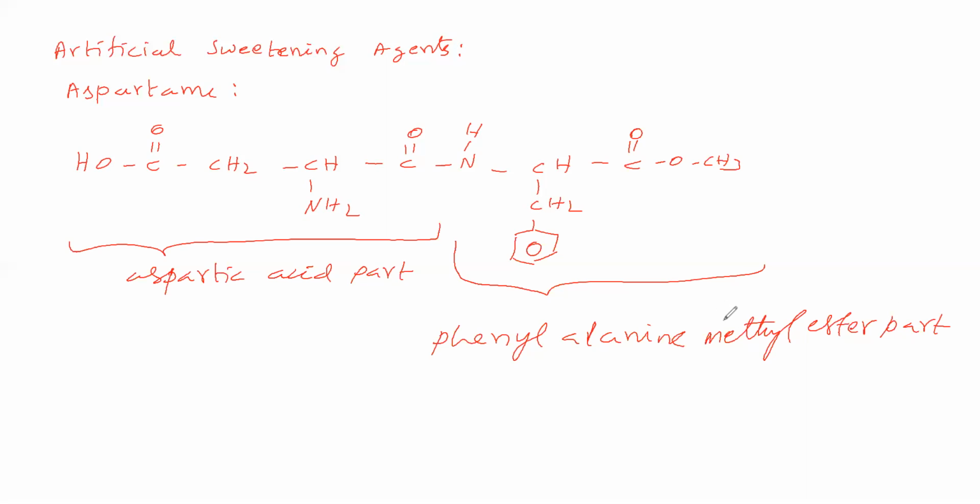Phenylalanine methyl ester part, we can say. This is aspartame. So aspartame contains 2 amino acid derivatives in the peptide form, and here carboxylic acid should be there, but instead of that a methyl ester part is there.